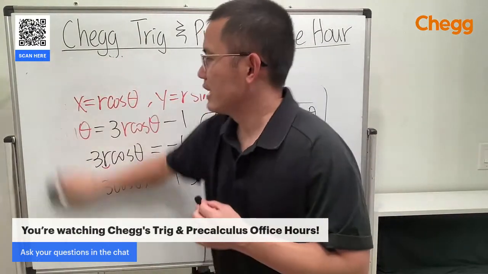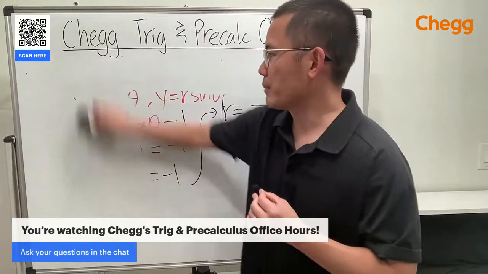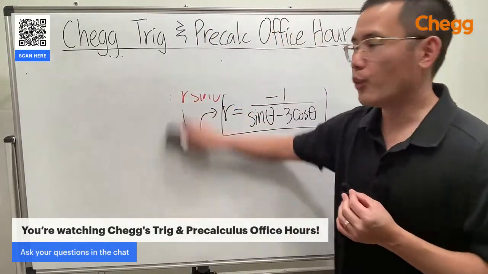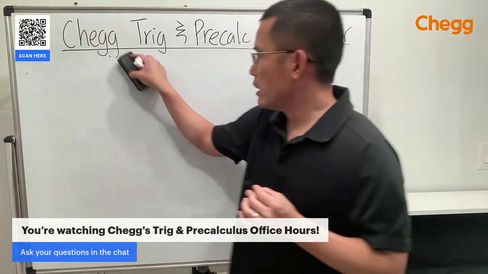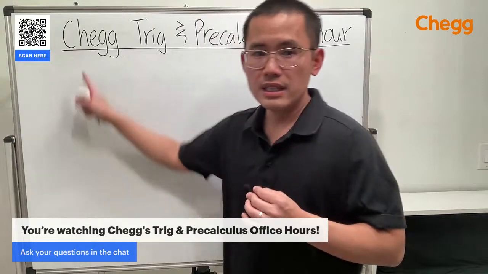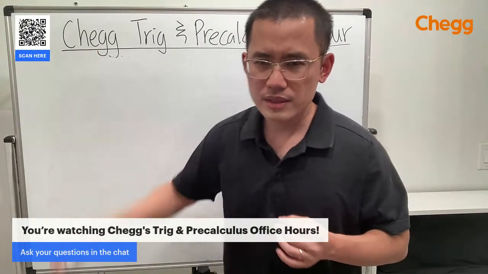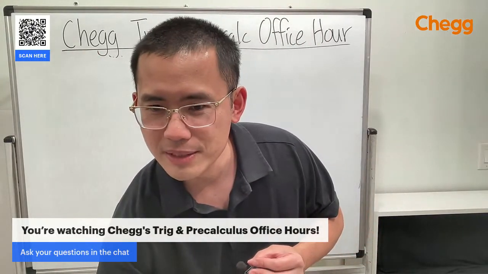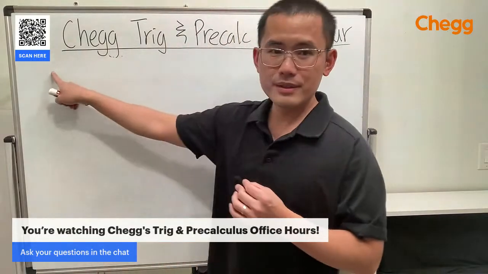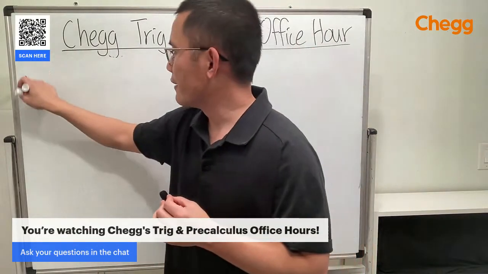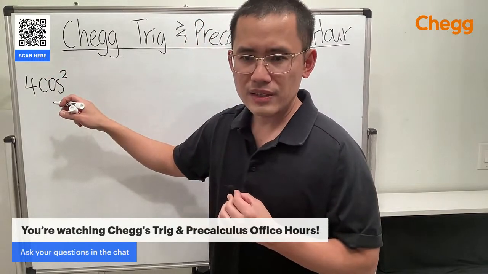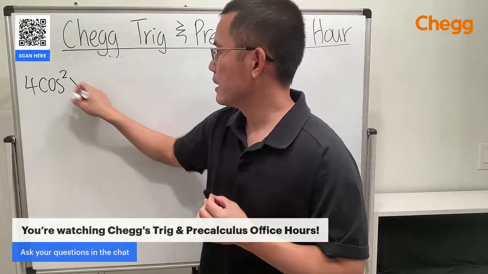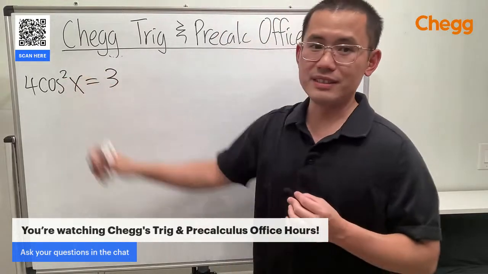I totally understand that solving a trig equation is very different compared to solving a quadratic equation or a rational equation. I will tell you guys what we actually have to pay attention to in order to solve that. So the equation is, hold on, there are so many messages. Here we go, I'm writing it down right here. We have 4 cosine squared x is equal to 3. I believe this is the question, right?